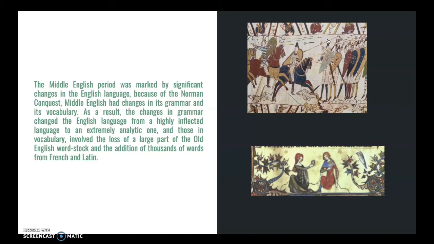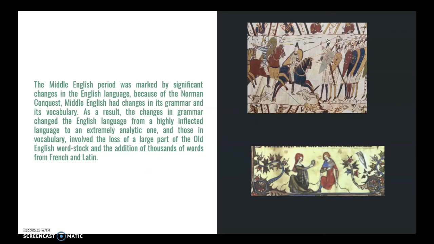With the conquest, many changes in grammar and vocabulary use became more significant and more notable in the English language. This conquest made a really huge impact both on the language and also on the lives of people back in the day.